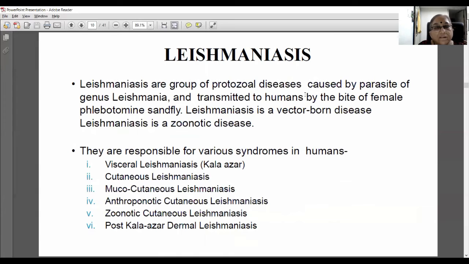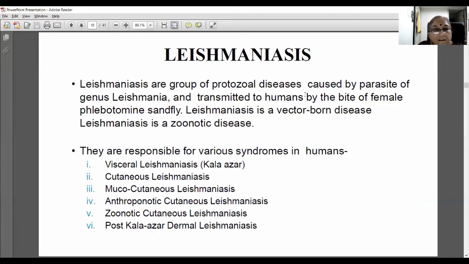Now, leishmaniasis is a group of protozoal diseases caused by the parasite genus Leishmania and transmitted to humans by the bite of the female phlebotomine sandfly. Leishmaniasis is a vector-borne disease, and it is a zoonotic disease.